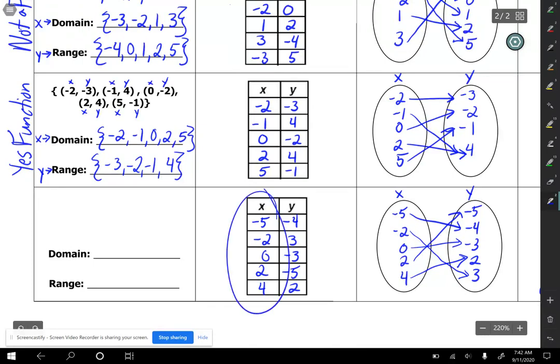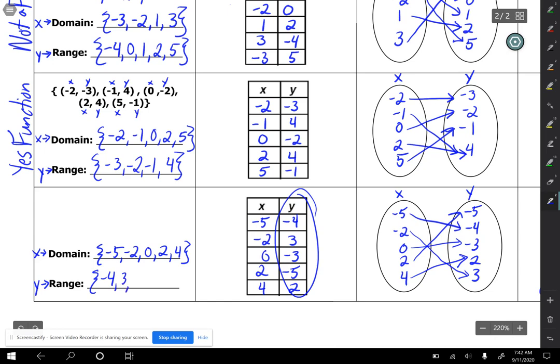Now the domain is all the x values. And then y's are for the range. Nope, I didn't write them in order. Okay, so those are the range.